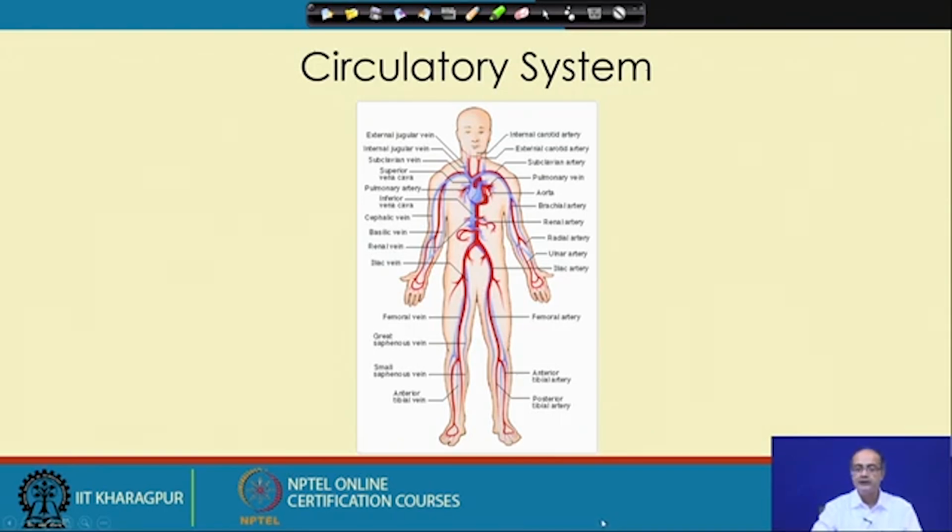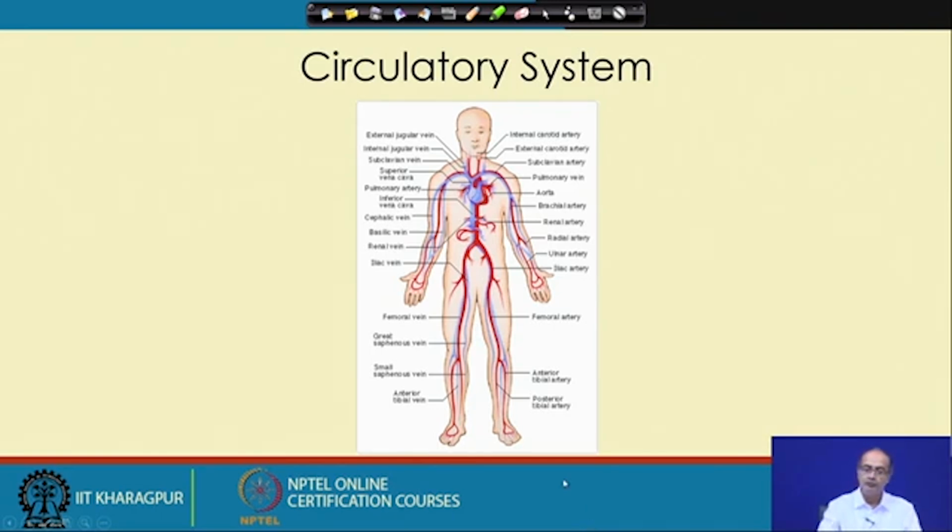One is called the artery, which pumps out blood from the heart, and another kind of vessel is called veins, which take the blood back from the different parts of the body.